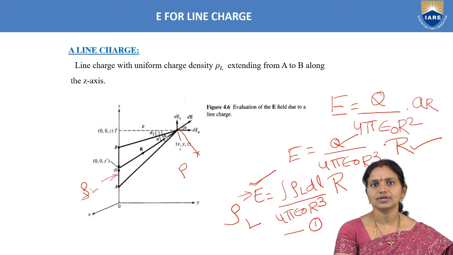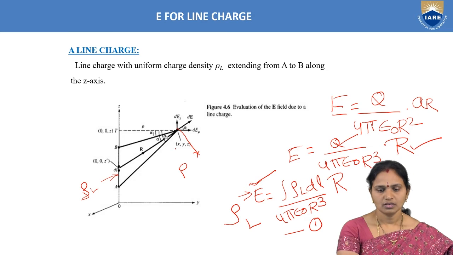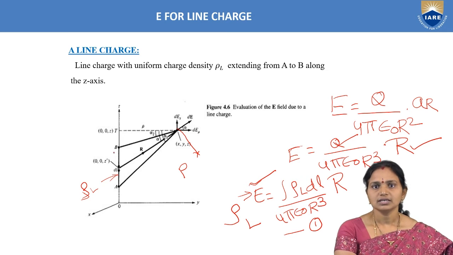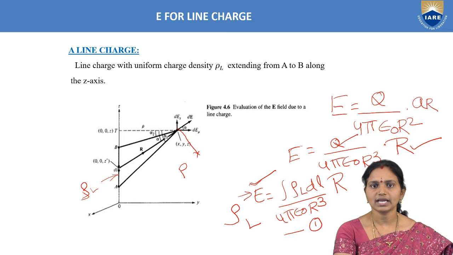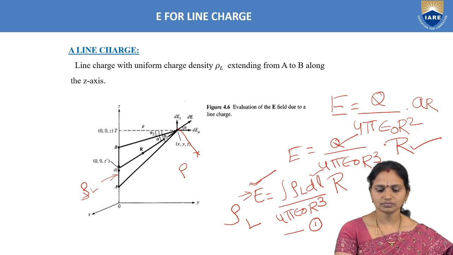We need to calculate the field strength at the field point XYZ due to the source rho L, which is located along the Z axis between the points A and B. So first, I'd like to calculate the electric field strength for a finite length dl, then we can integrate it. For dl we can calculate E, and then by integrating it over the length we can get the total electric field strength value.